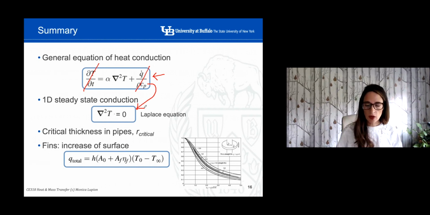And also, a particular situation that we studied is the critical thickness in pipes, the concept of the critical radius in a pipeline. And now I just went over the case of having fins to increase the surface to promote heat transfer and the use of this graph to calculate the fin efficiency in order to incorporate this fin efficiency into the general equation of the heat.